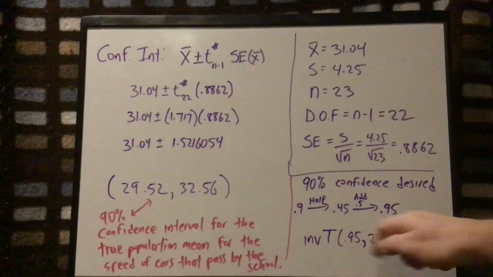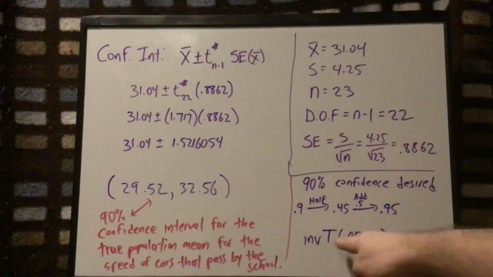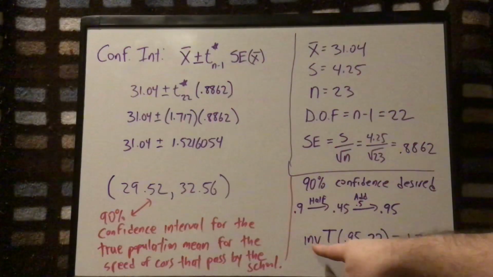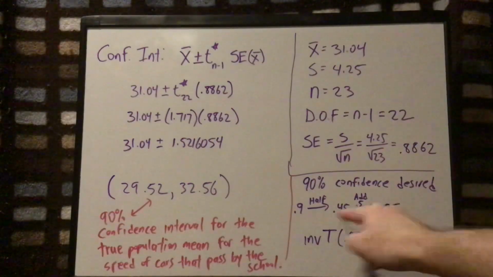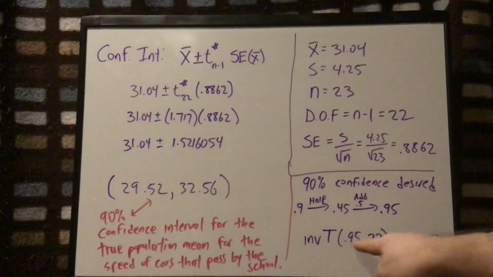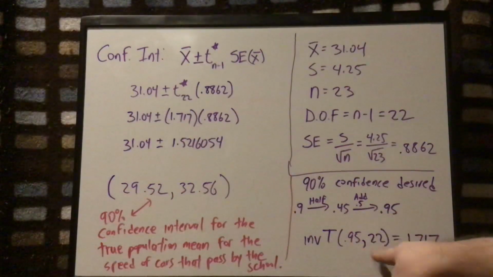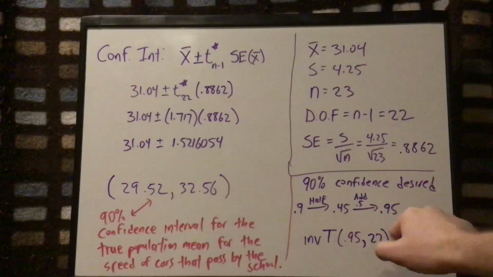Since we're using a t-curve, which is a little shorter and a little fatter, we need to put two things in the calculator. We need to put in this number that we calculated, basically cut the confidence level in half and add 0.5. We have to also tell the calculator what t-curve to use. We want a t-curve with 22 degrees of freedom.